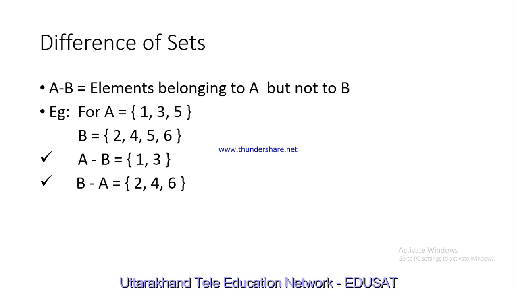Out of these 4 elements, 5 is also available in A. So when calculating B minus A, we'll have to leave out 5. So 2, 4, 5, 6 is the value of B, but we'll have to leave out 5 because it is also part of set A. So B minus A will be equal to 2, 4 and 6.